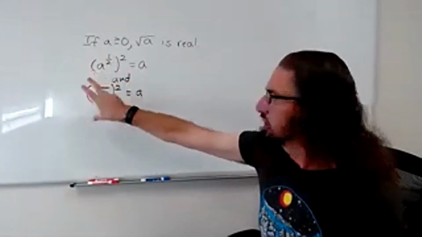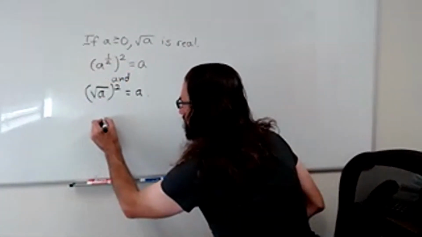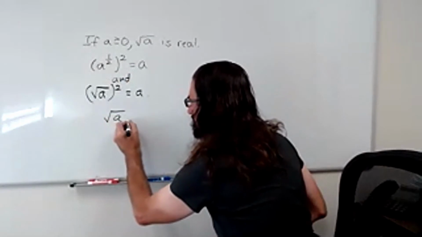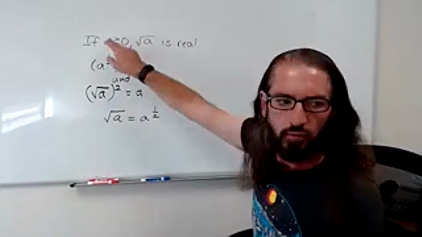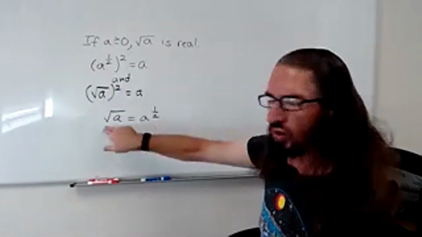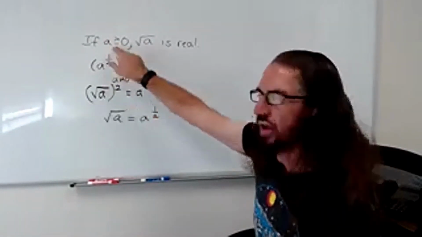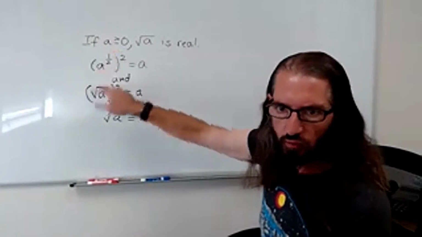We could set these two equal, provided that the square root gives us a real number by having A greater than or equal to 0.